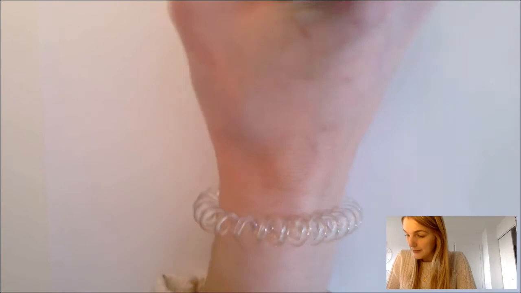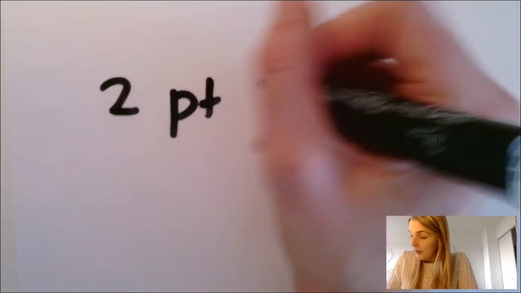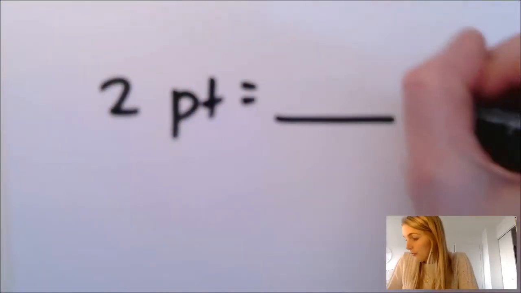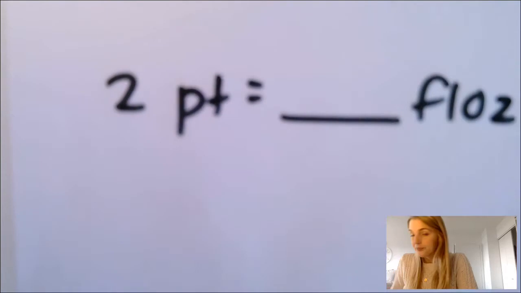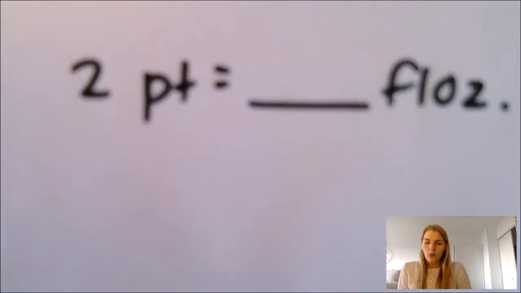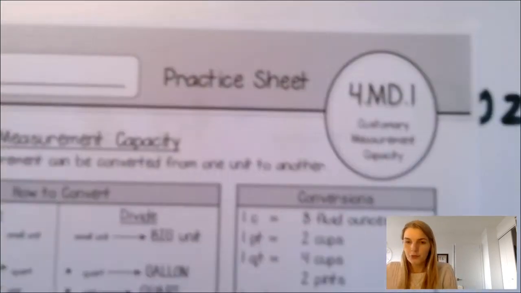Let's say that I have 2 pints, and I want to figure out how many fluid ounces that is. Okay, well, I use my conversion chart here, and just like Maitri said, fluid ounces and pints, let me zoom in, fluid ounces and pints isn't on there.